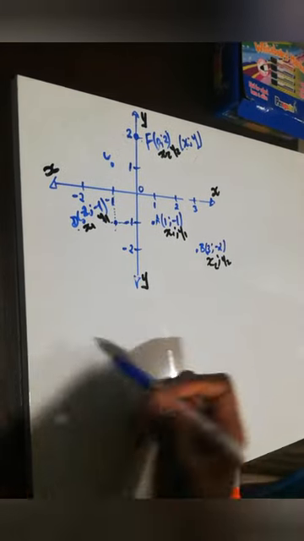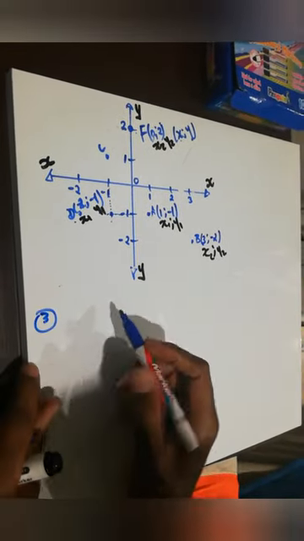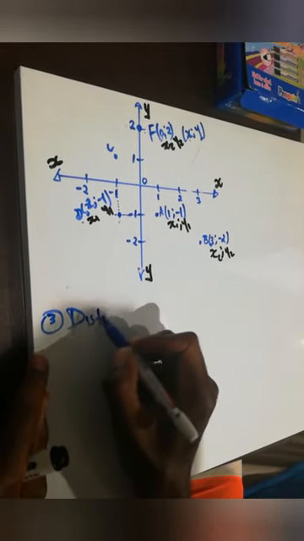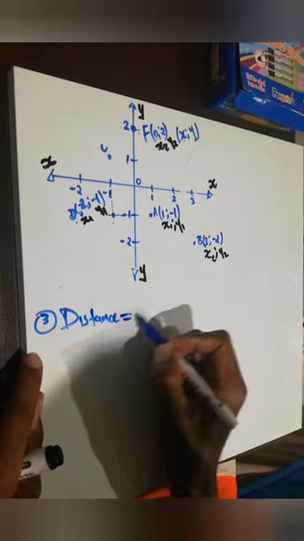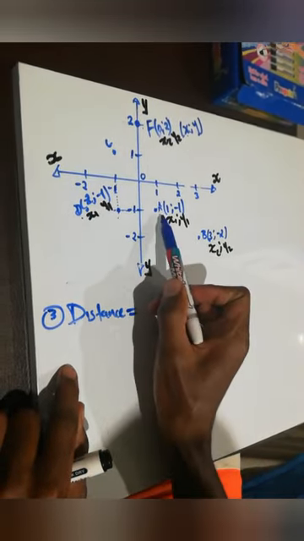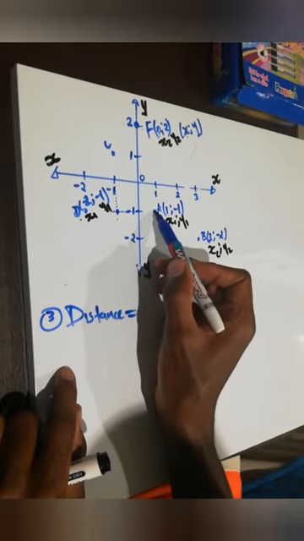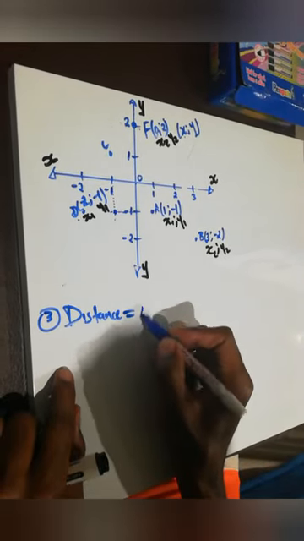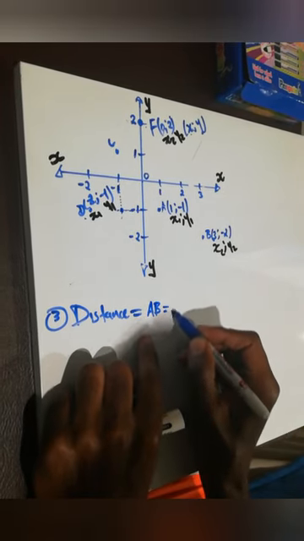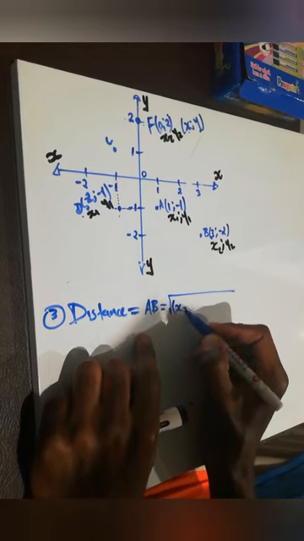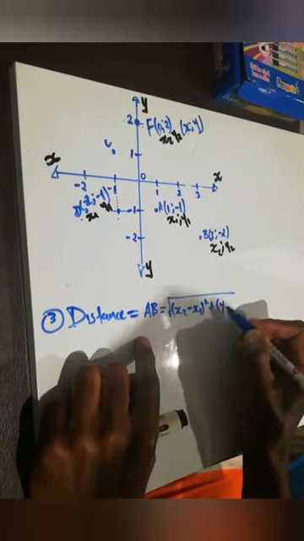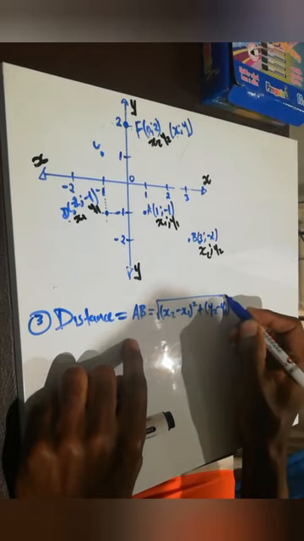Now let's go to the third one, which is the distance. If you're looking for the distance from A to B, the equation for distance is the square root of x2 minus x1 all squared plus y2 minus y1 all squared.